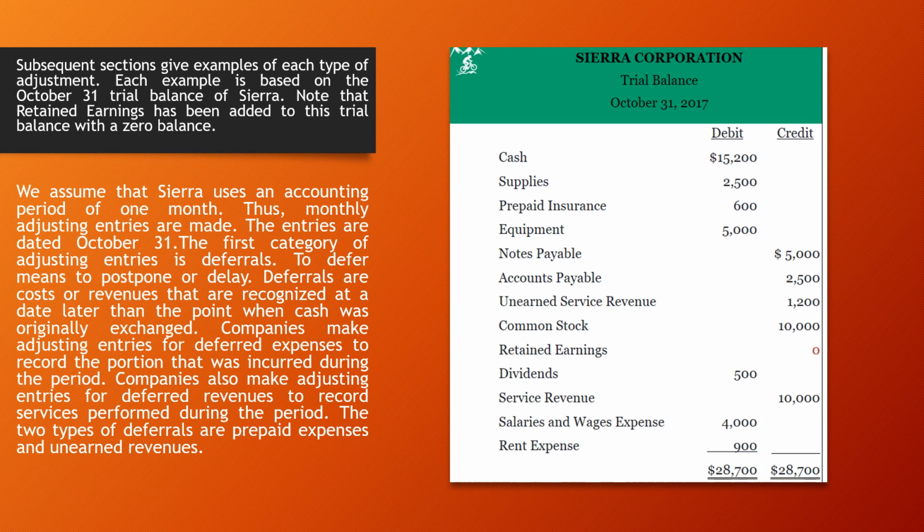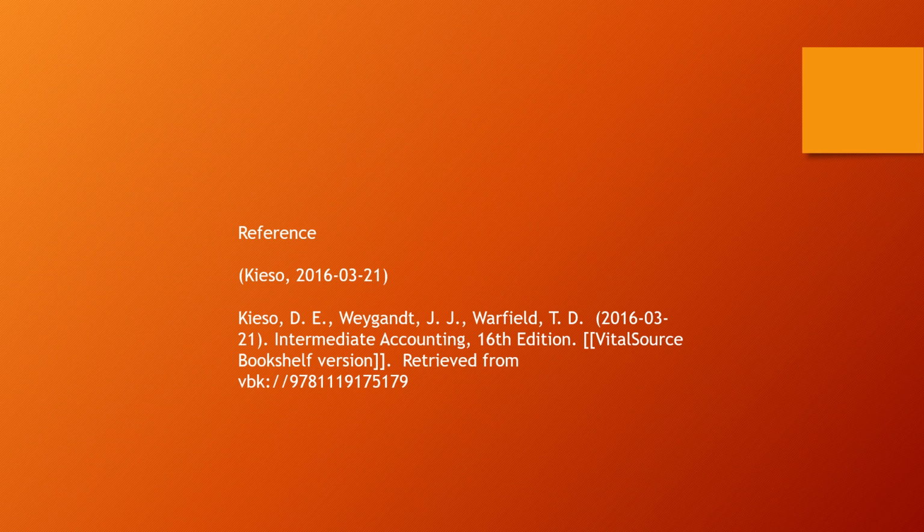Right now we've got prepaid expense at 600 for debit, and then we've got unearned service revenues. That's going to be a credit because that is a liability.